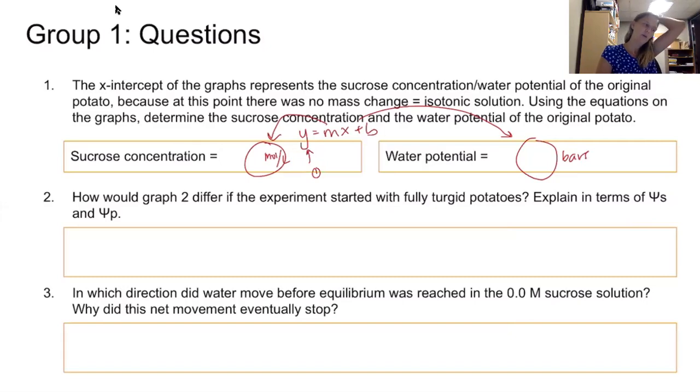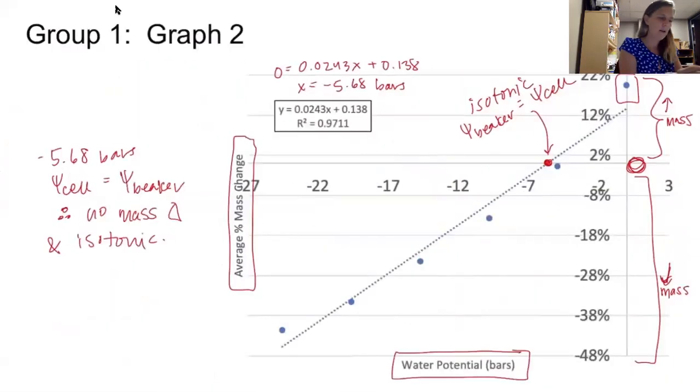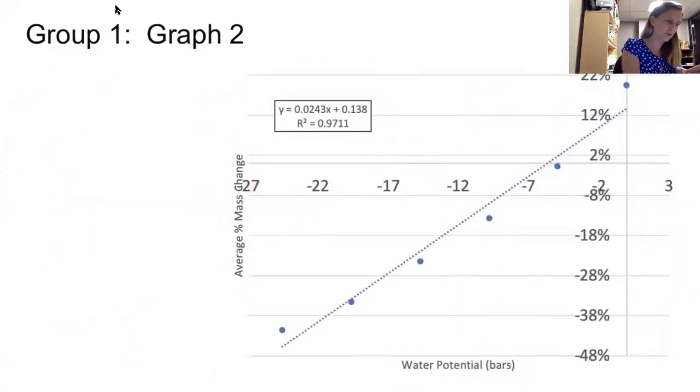All right, so the second question asks, how would graph 2 differ if the experiment started with fully turgid potatoes? So I'm going to come over here and clear this page. So this is graph 2. And the way I like to think about this is looking just at this, starting with this point here, right?